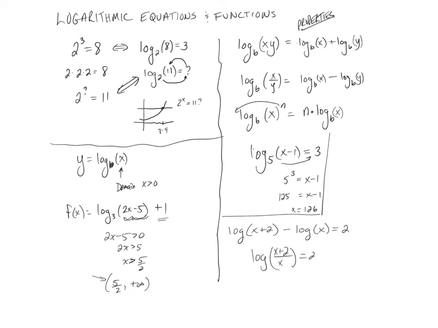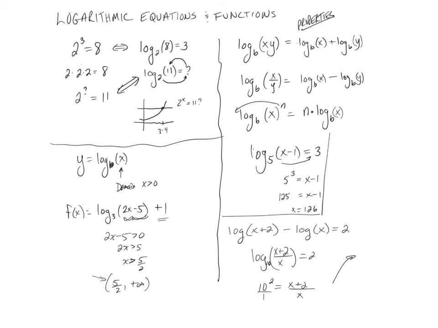And now, I didn't mention it, but this is a common log. When there's no base explicitly expressed, you can assume that there's a 10 there, so I'm going to go ahead and put a little 10 in there just to remind us that that is our base, and now we can use our mantra that the base raised to the answer equals what you're taking the log of. So just think about both sides being fractions, and you can cross multiply.